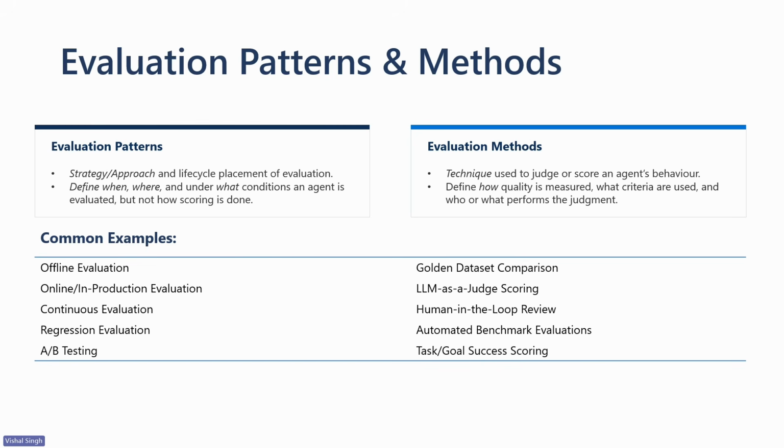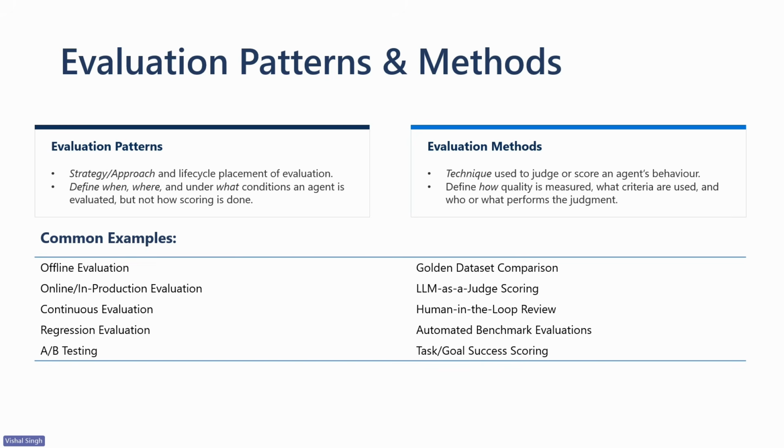For example, the common evaluation patterns would be offline evaluation, online or in-production evaluation, continuous evaluation, regression evaluation, and A/B testing. Offline evaluations are performed outside the production environment using fixed datasets and scenarios.